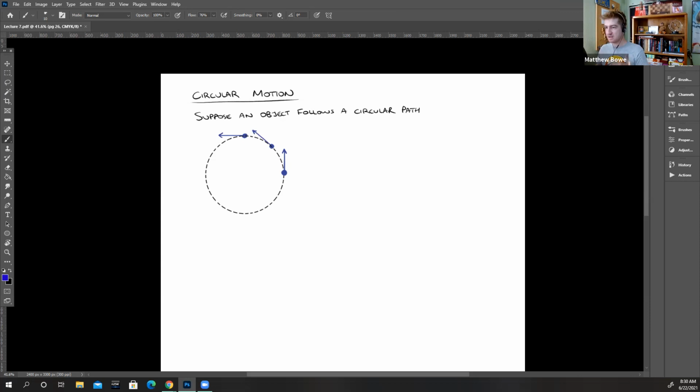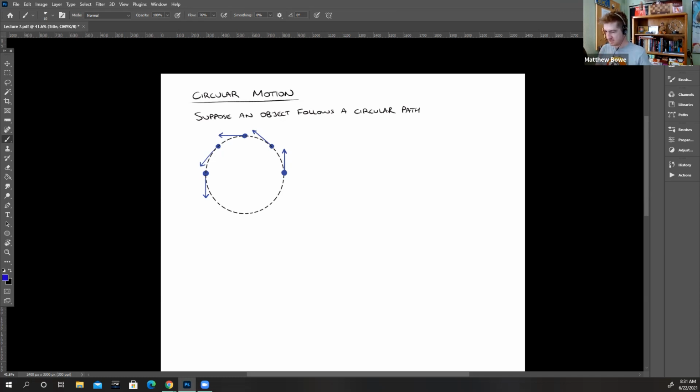You see, these are velocities that are tangent to this circular path. Let me add a couple more in here as time goes on, and I'm only going to do that many. We can see that this object, a ball on a string or a particle, moving in a circle, is changing its direction.